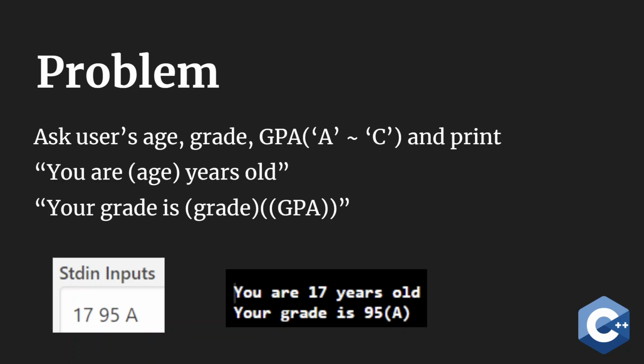Okay, so the problem is: ask the user's age, grade, and GPA, and print. So basically we're getting two integer variable inputs and one character input.